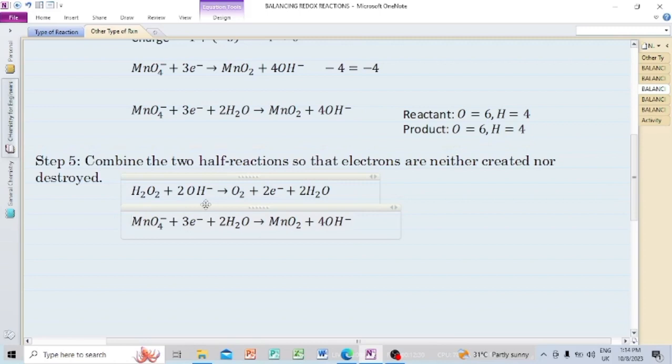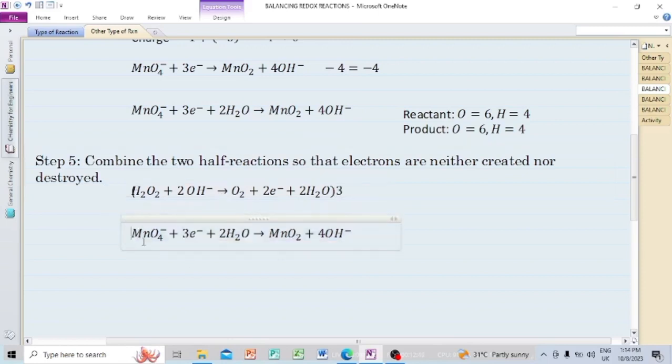So, magmumultiply tayo ng 3 dito sa una. Dito naman sa reduction natin, we will multiply 2.